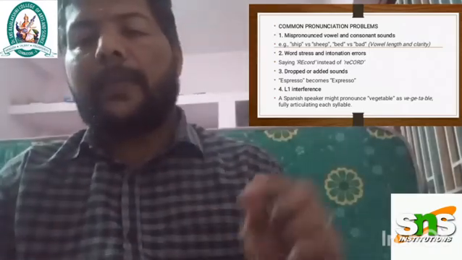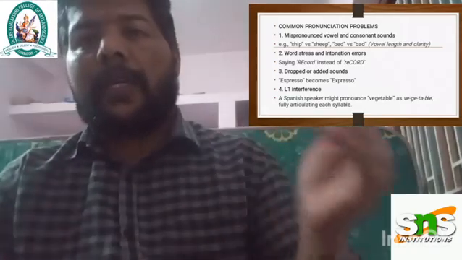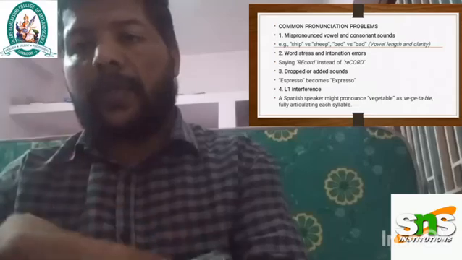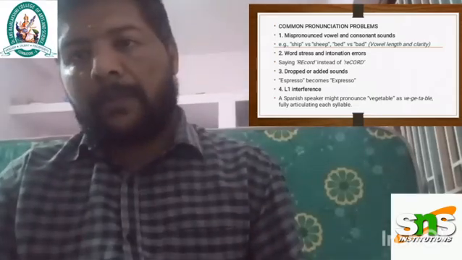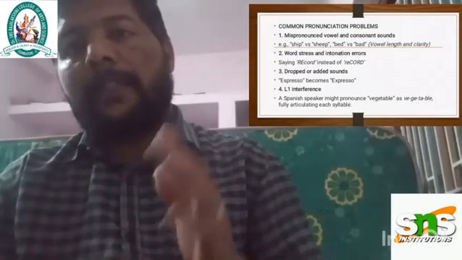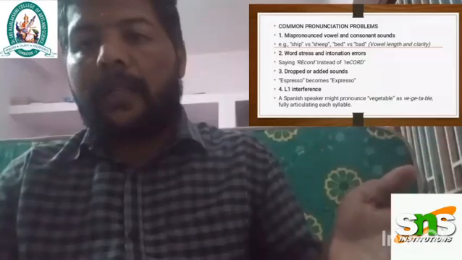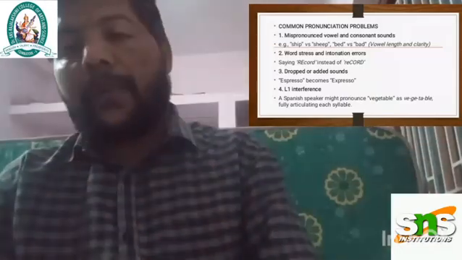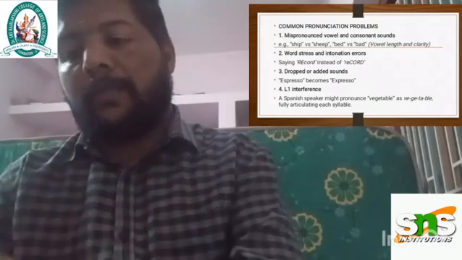Second, giving stress in a word. When you take words like record, where must you give the stress? The first syllable, re, is given stress, but where should we give the stress for record?